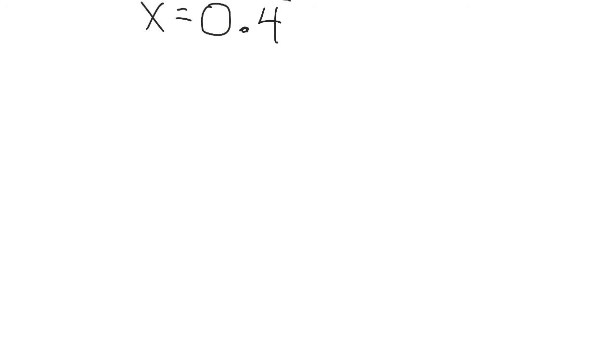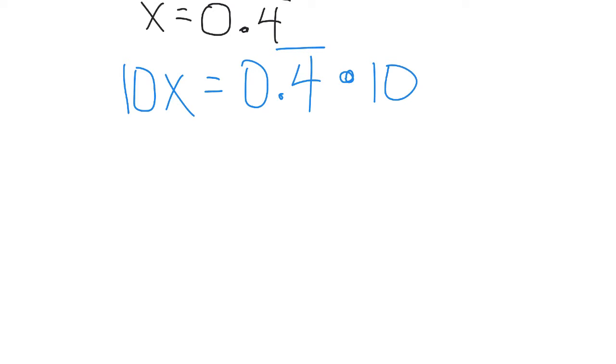So let's start out by multiplying the x by 10, but we also want to multiply the 0.4 repeated times 10. When we do this, we find out that 10x is equal to 4.4 repeated.